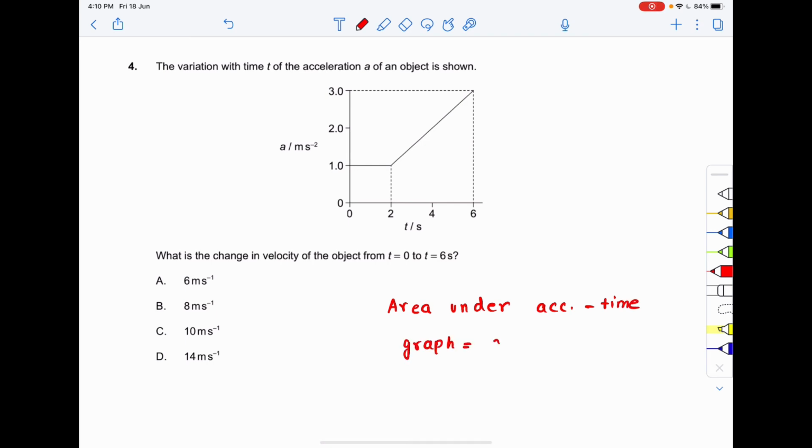So to find the change in velocity from t equal to 0 seconds to t equal to 6 seconds, from this point to this point, we need to find the area of the a-t graph over that interval. So what will be the area?